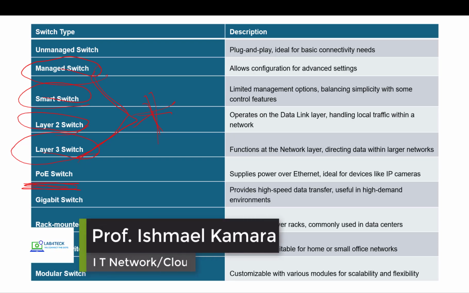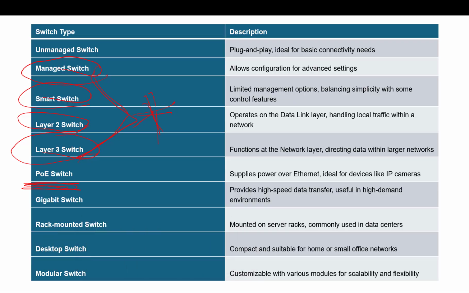Get this in mind. On the unmanaged switch, smart switch, layer 2 switch, layer 3 switch, the current they need when you plug the adapter, your extension, only turns the switch on to let it work. Then it transmits signal to the cable that we connect.